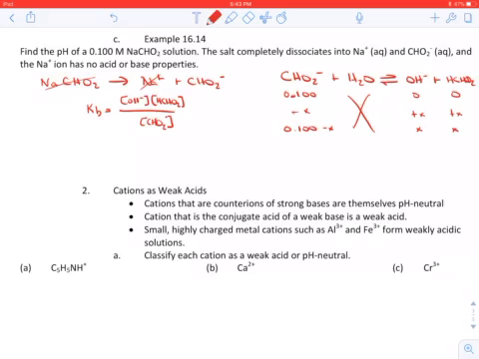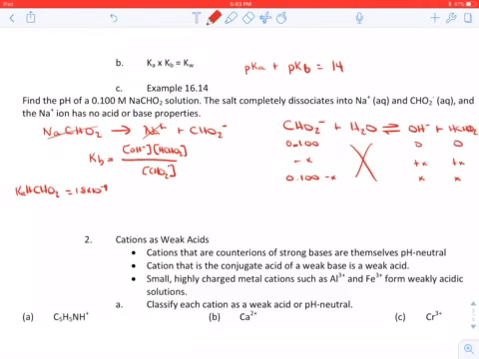So at this point, we would like to look up our Kb, but they're not going to list a Kb, but we can definitely find a Ka. So what about the Ka of HCHO2? And that's equal to 1.8 times 10 to the negative 4th. So up here, we knew this.